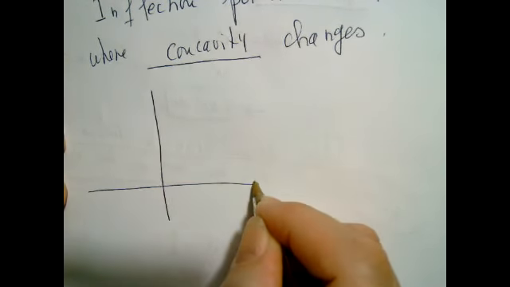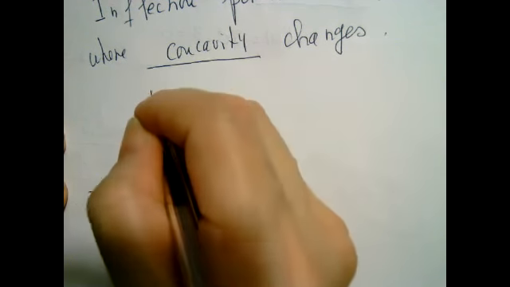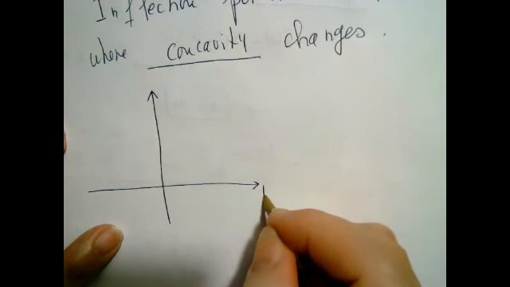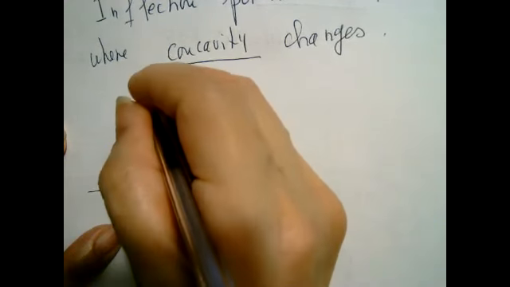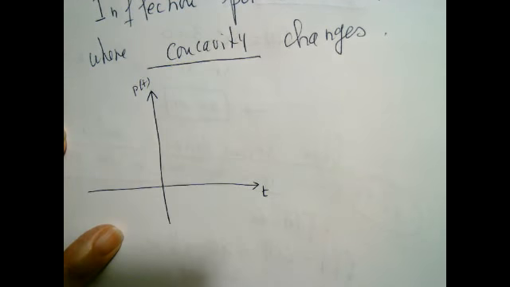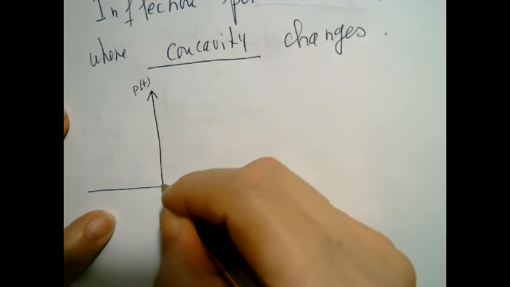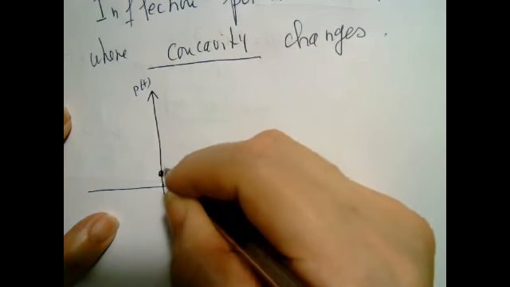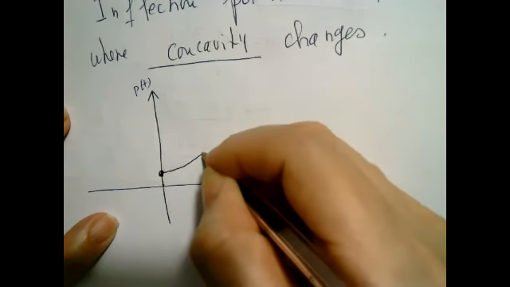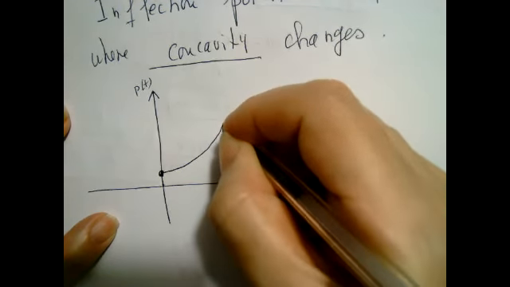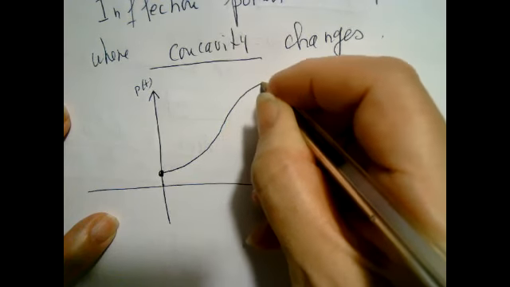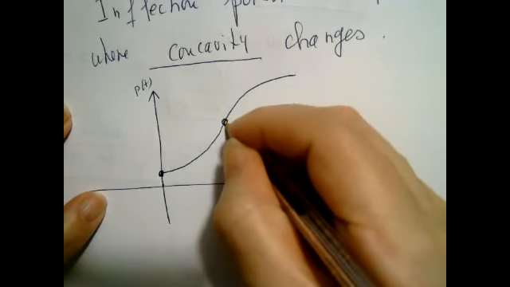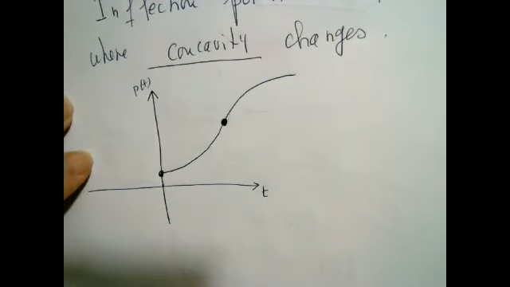Suppose I give you the graph of a population, and the population behaves like this. It is concave up, and then it's concave down. Right here, that's my inflection point.